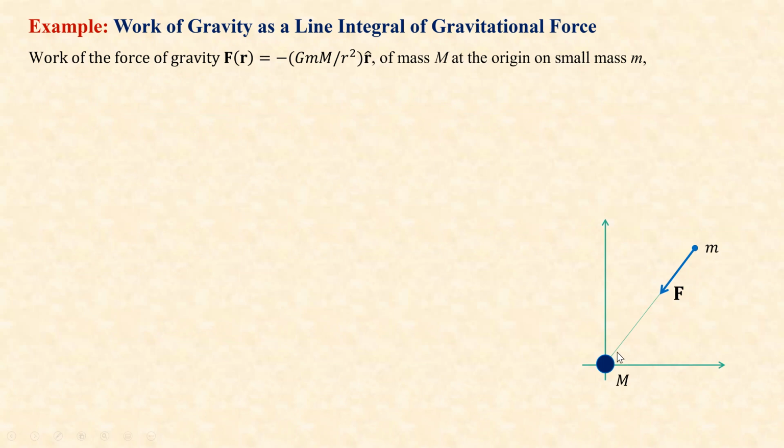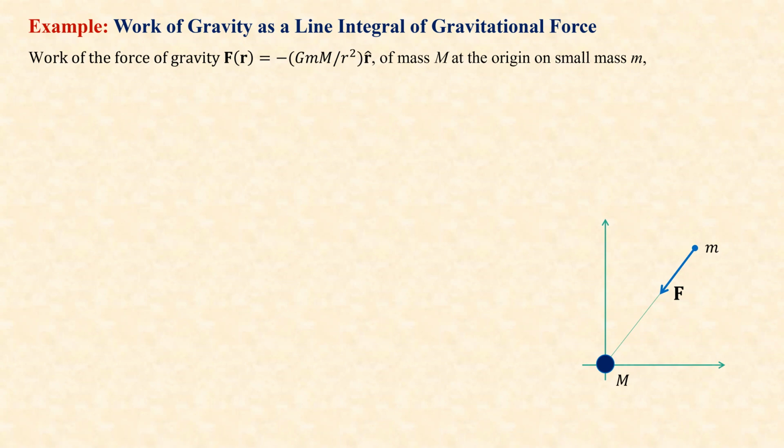Of course, this one applies the force on that one, but that we're not considering. We're just considering what force applies to this little m. The gravitational force on that little m is a vector function or vector field, F as a function of r, which can be given by this formula, which is Newton's law of gravitation.